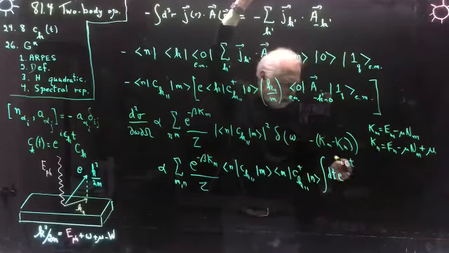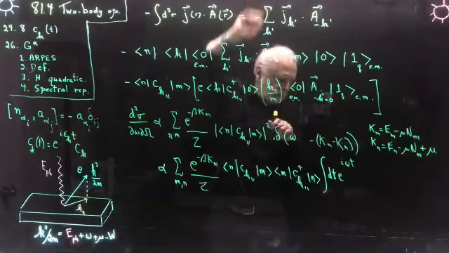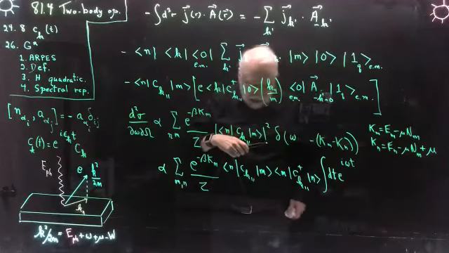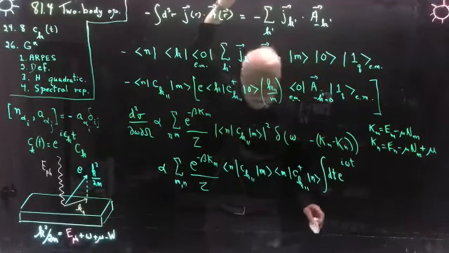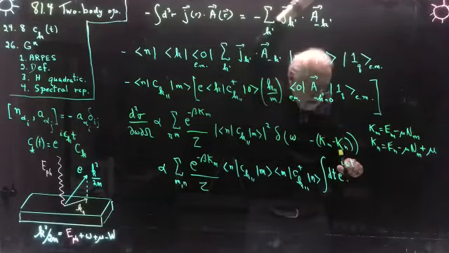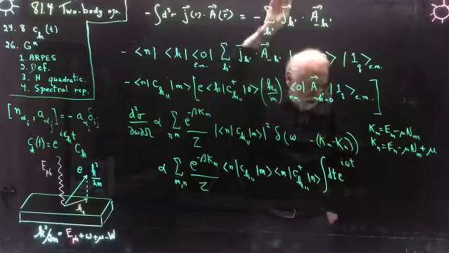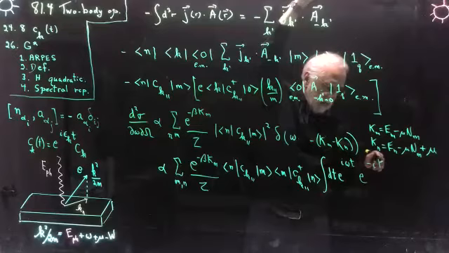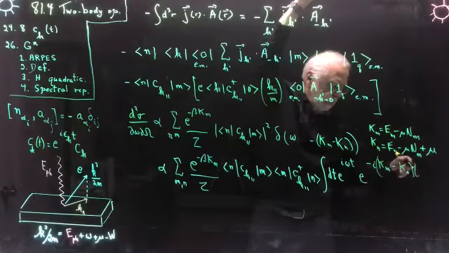Okay, so now I will do like we have done before, which is to write this as e to the i omega t times e to the minus i (K m minus K n) t.